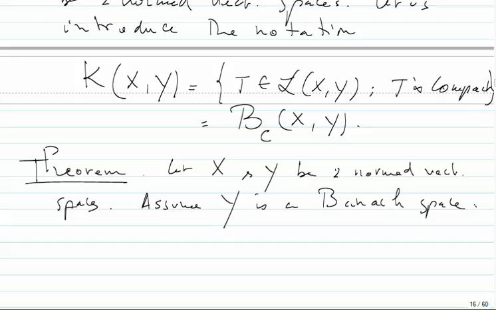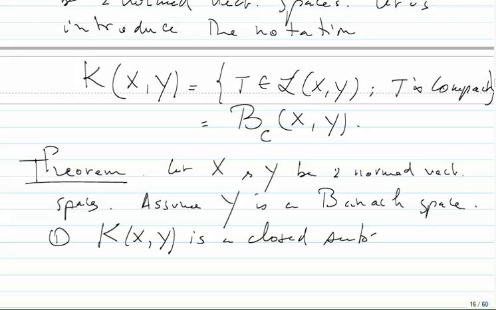So sometimes we may need this, sometimes we don't. It's not like we need Y to be Banach to have all the properties. Some properties may not need the completeness of Y, some of them may. Number one. So K of XY is a closed subspace of B of XY. So for example, to be a subspace, we don't need Banach, but closed, that's a different story.